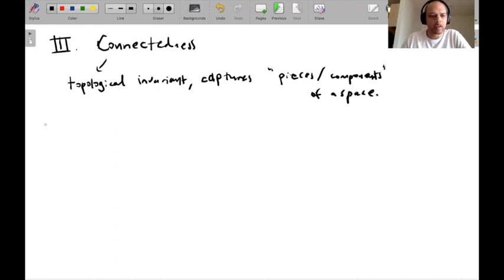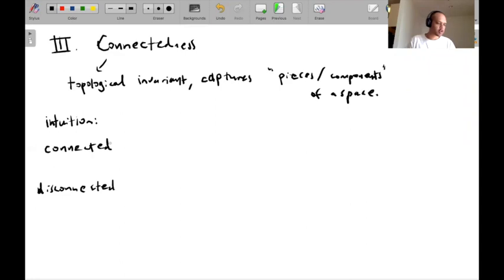So let me just give you some spaces that are connected and not connected, or we'll say disconnected, before giving you the formal definition. So what is this trying to capture? Well, some connected spaces, I guess mostly we've been thinking about connected spaces: R, Rn, the interval. Each of these seems like they have one piece.